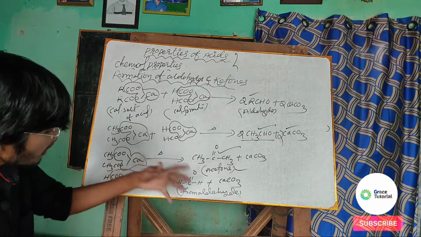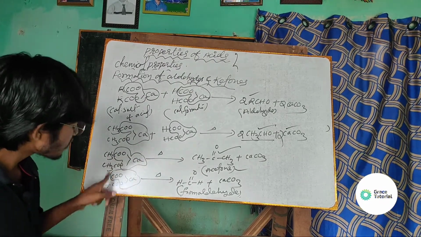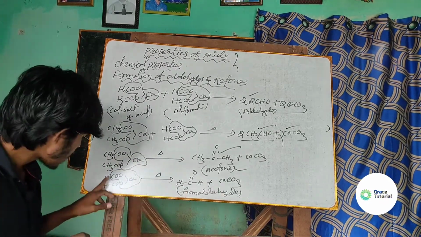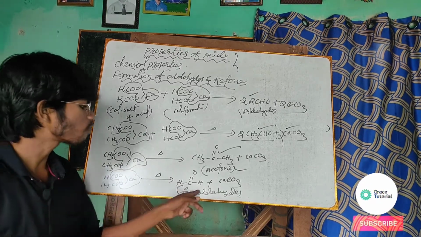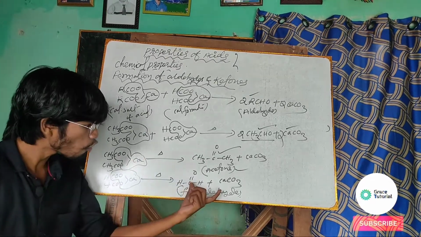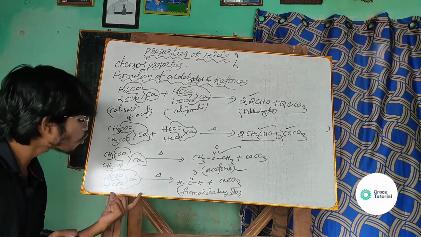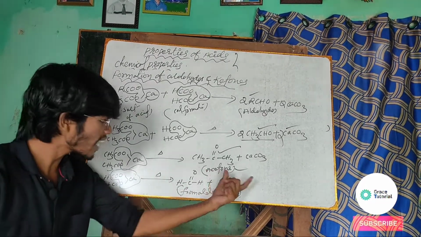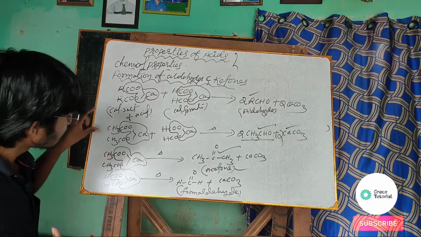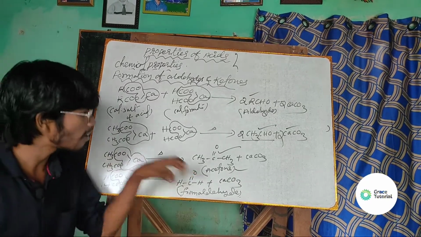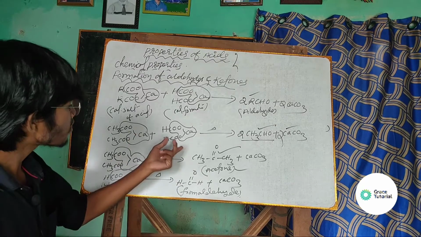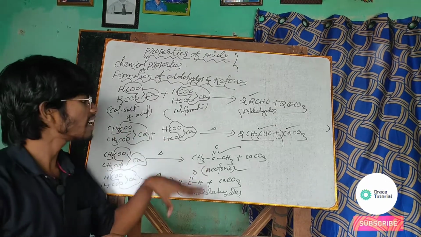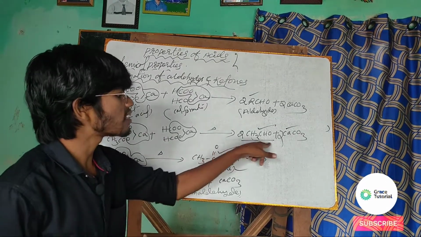If calcium formate is only heated, then the calcium carbonate is removed, and finally we have HCHO, that is formaldehyde. That means formaldehyde can be prepared when calcium formate is only heated. Acetone, a member of the ketones, can be prepared when calcium acetate is only heated. If calcium formate and calcium acetate are heated as a mixture, then you get acetaldehyde.